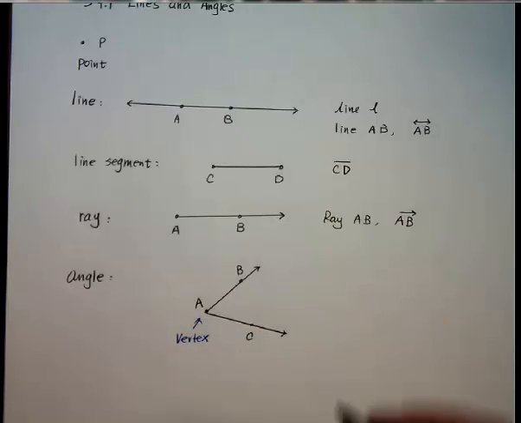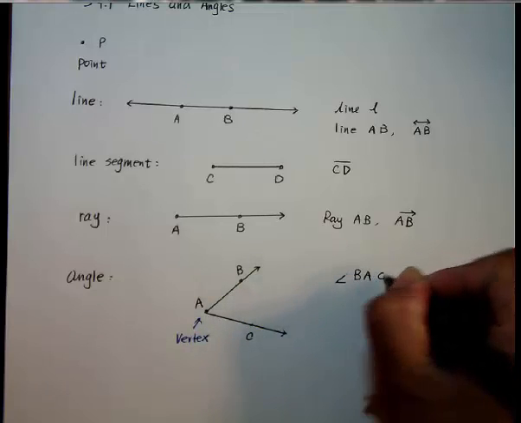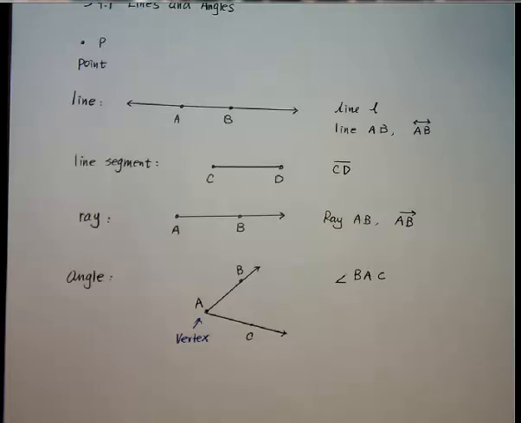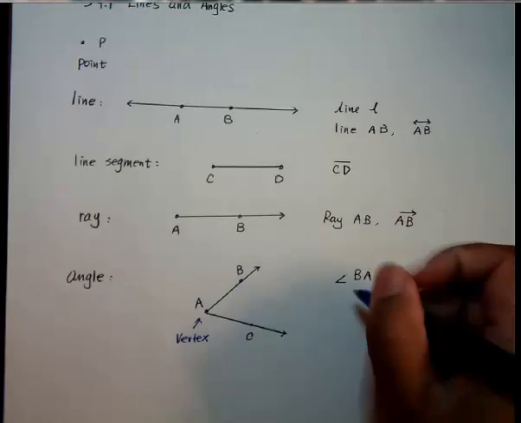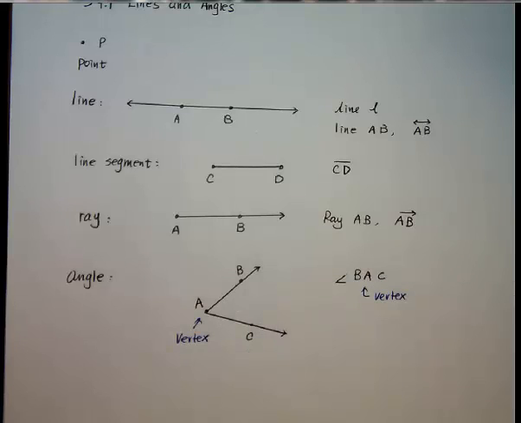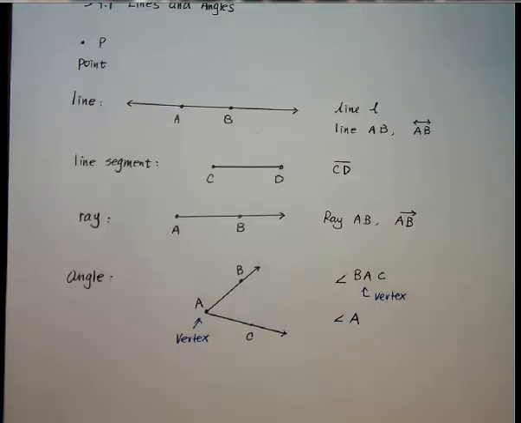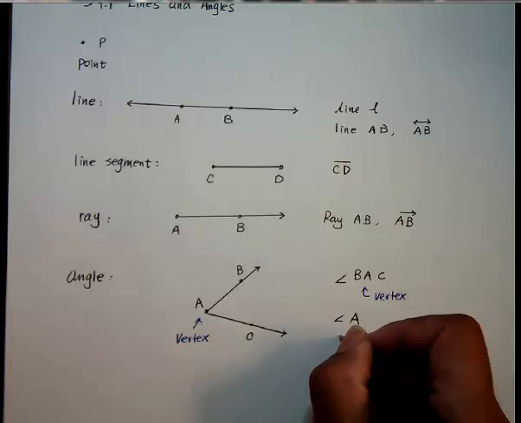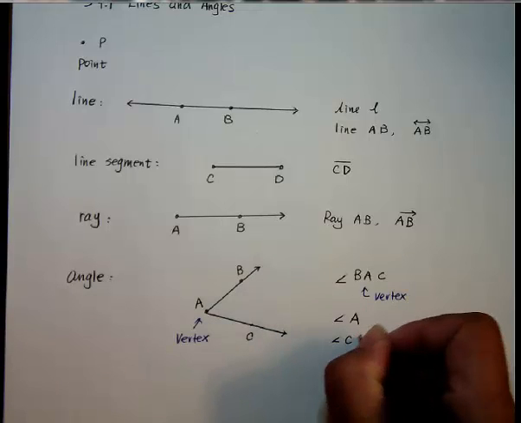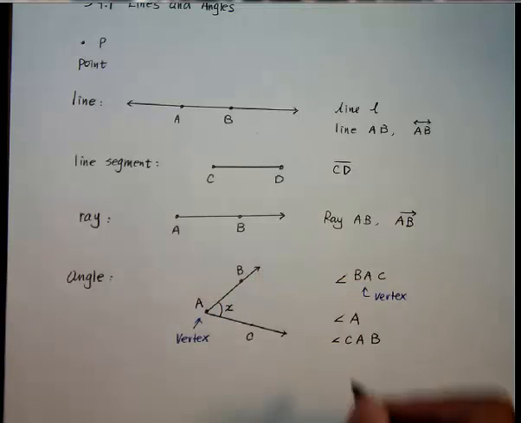So this angle can be named angle BAC. The middle one is the vertex of the angle. Or in our case, we can just call it angle A. Or we can do it backwards, CAB. Or if I put an X right here, this can also be named angle X.